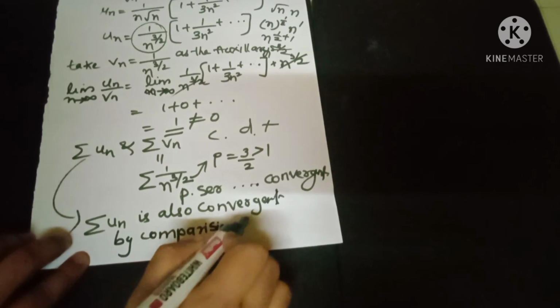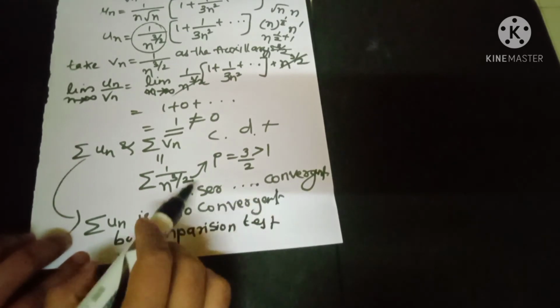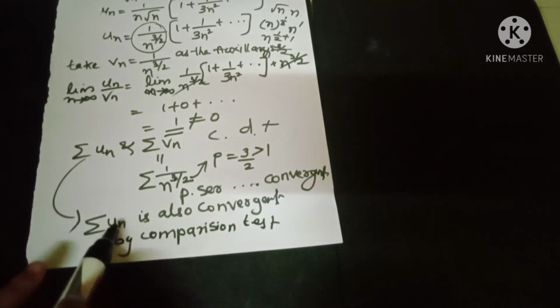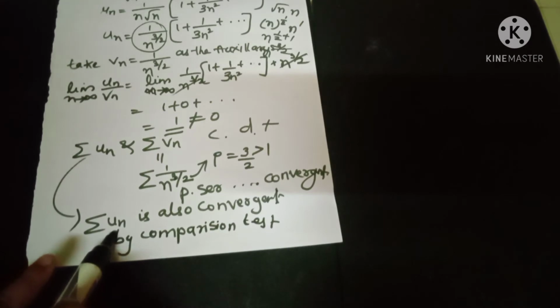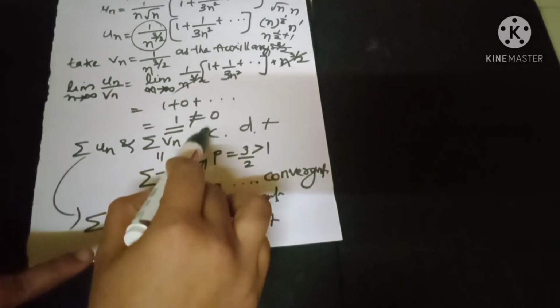This should be written: because of comparison test, sigma vn is convergent, so sigma un is also convergent. This condition is the test for convergence.